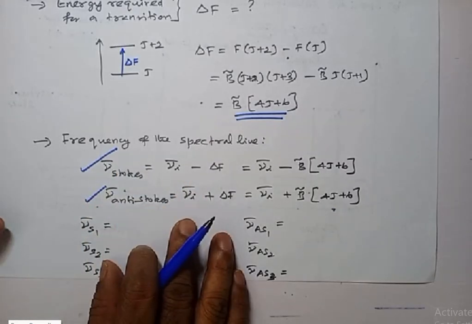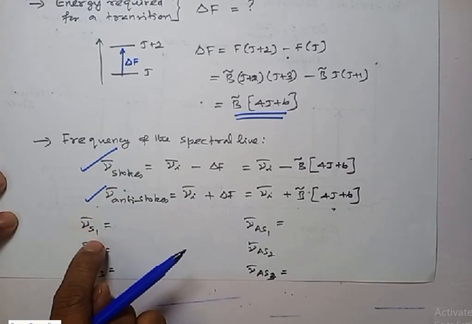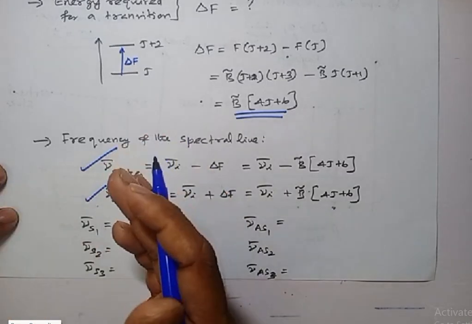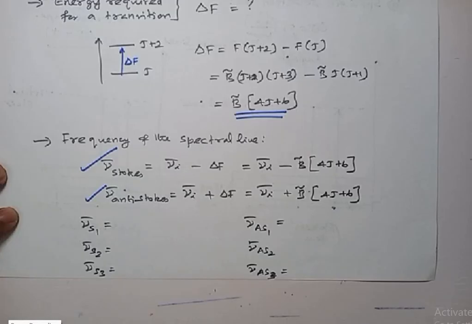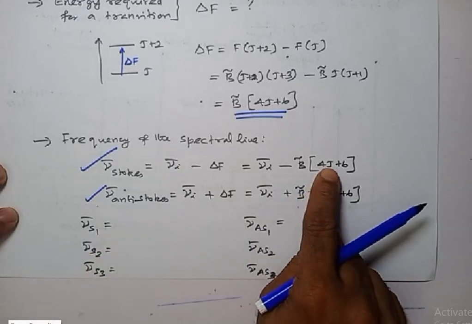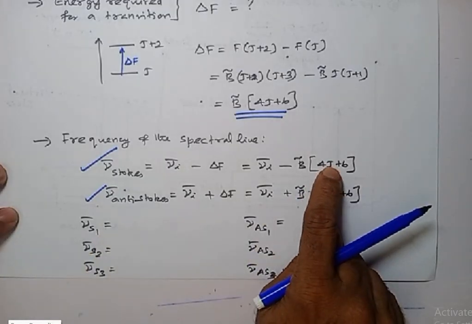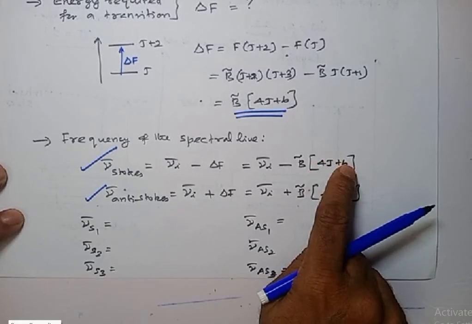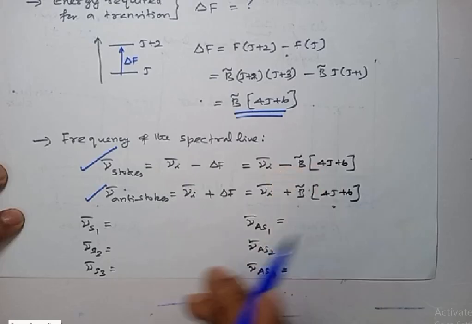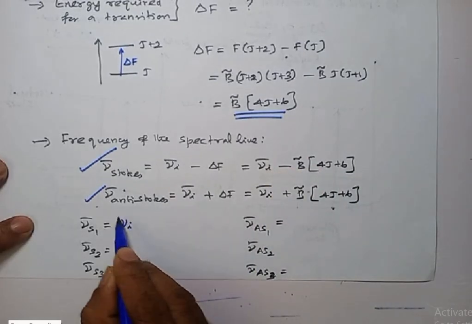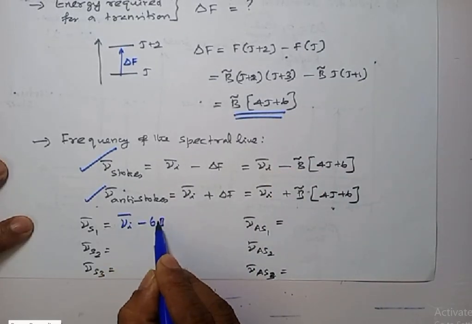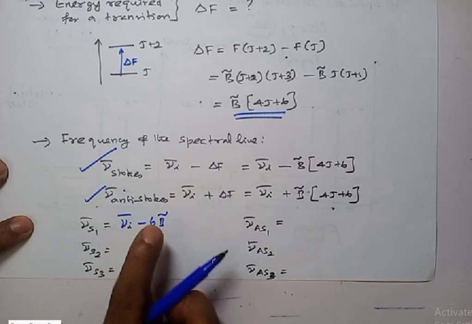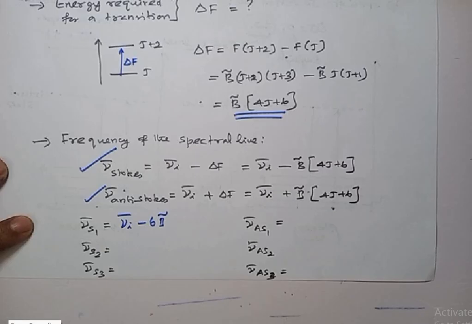Now let me show you at what frequency the first Stokes line will appear. S1 means the first Stokes line. Very simple, put J equal to 0 here. If I put J equal to 0, this becomes 0, and we will have 6 here. So nu I bar minus 6B. Yes, the first line will appear at nu I bar minus 6B distance.